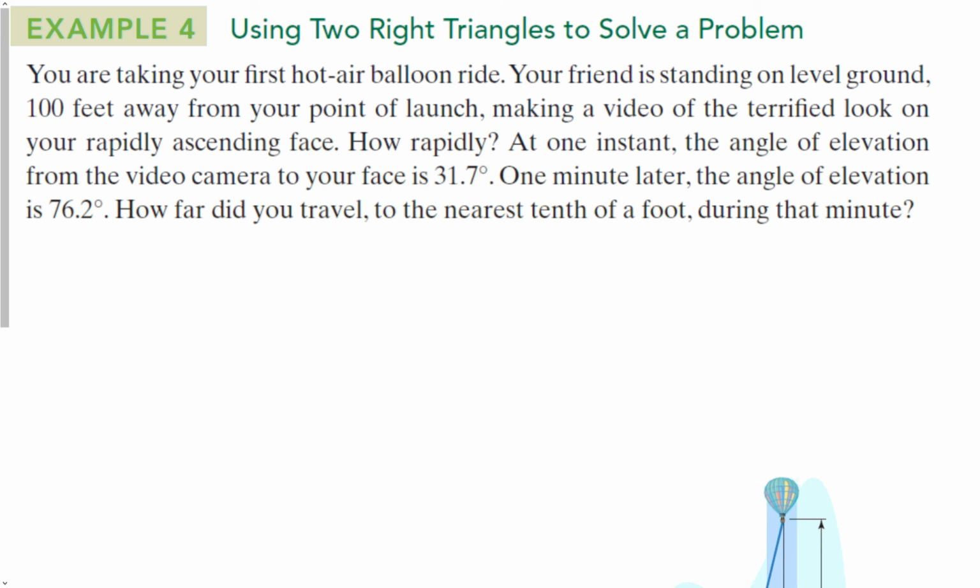How rapidly? At one instant, the angle of elevation from the video camera to your face is 31.7. 1 minute later, it is 76.2. How far did you travel during that minute? If you can imagine this, the balloon is here going up. Your friend is here. First, you have a small angle of elevation, then a much bigger one.